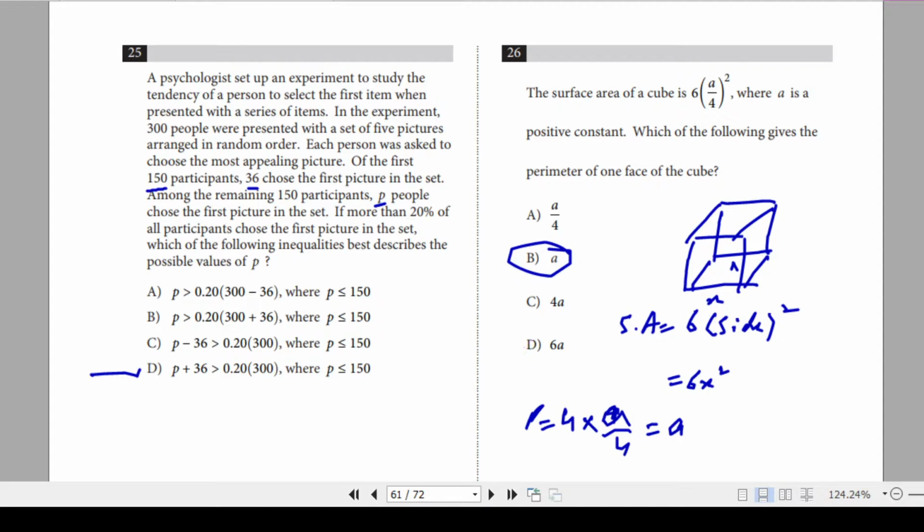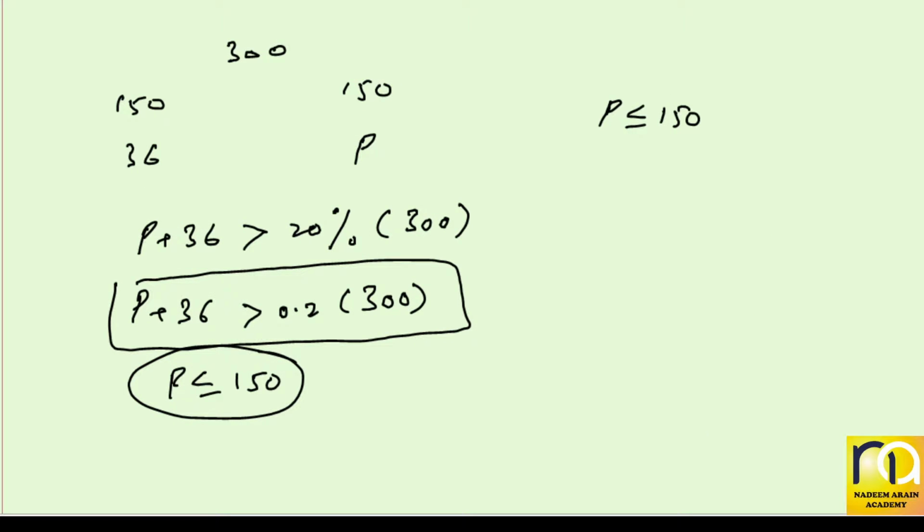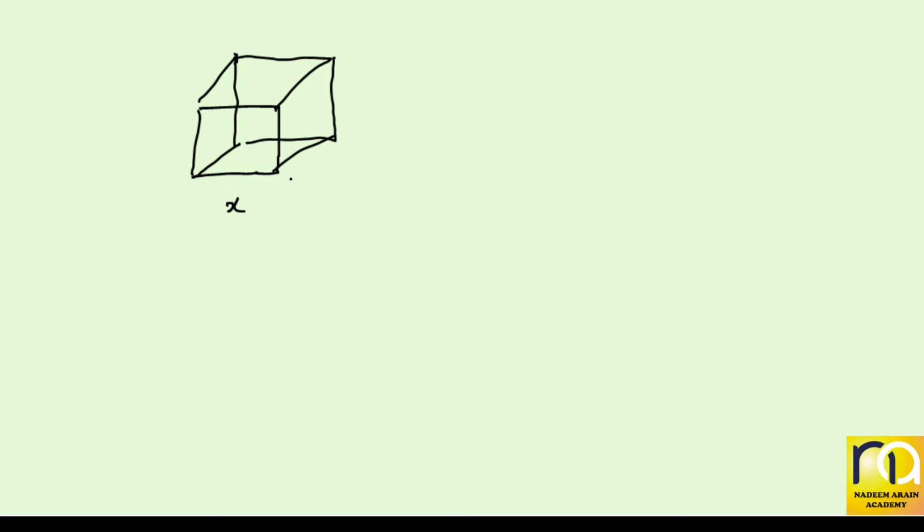Let me explain this again to you here. See, this is x each. Now this is a cube, x each. So the area of this face is x squared, x times x.